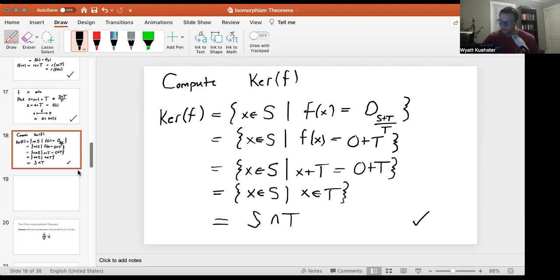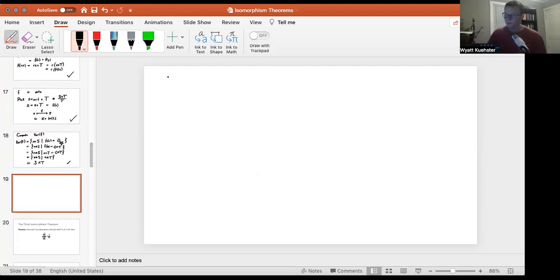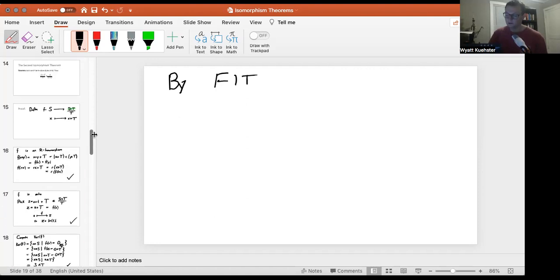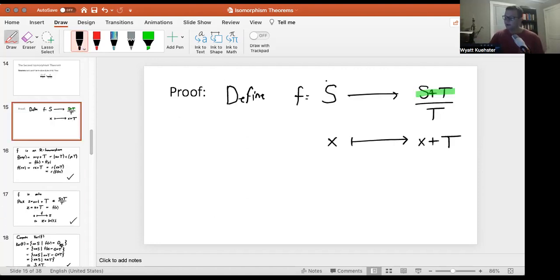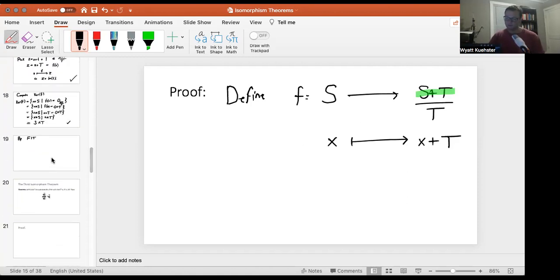And now let's just put it all together. By the first isomorphism theorem, let's go back to our map, right? S divided by the kernel of this map is isomorphic to the image of this map.